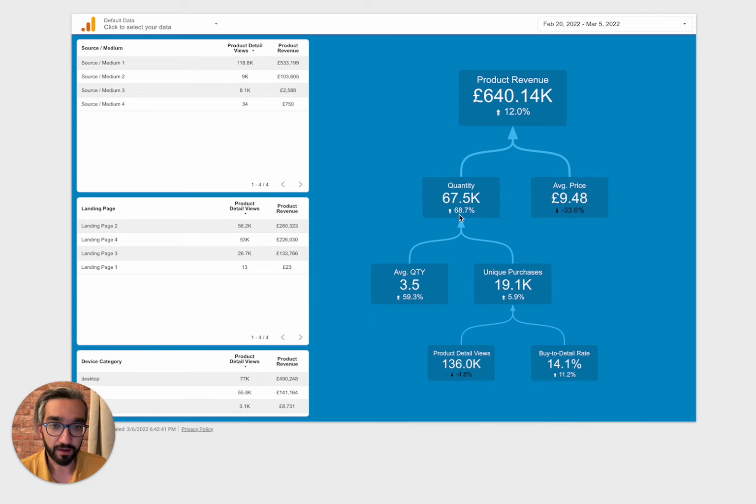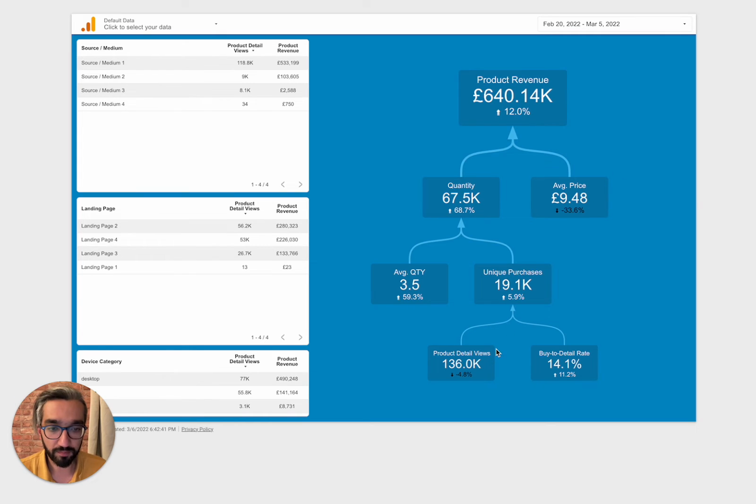If you look here, this is the quantity. Quantity is calculated by the unit purchase and the average quantity in the basket. The average quantity in the basket has increased by 60%, while the unit purchase is stable, just 6% of increase.